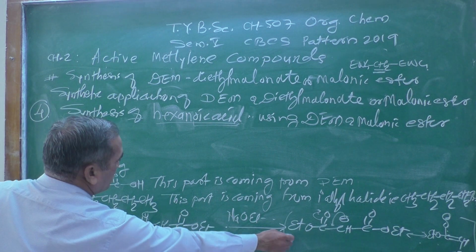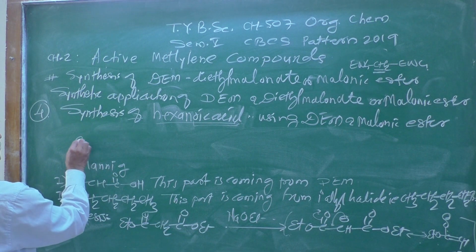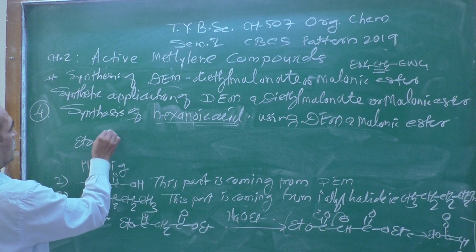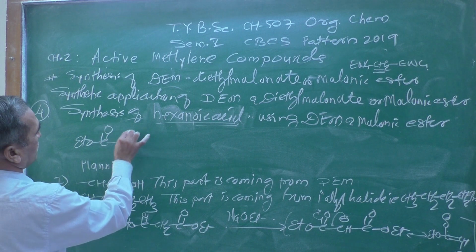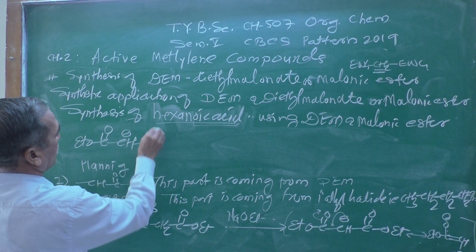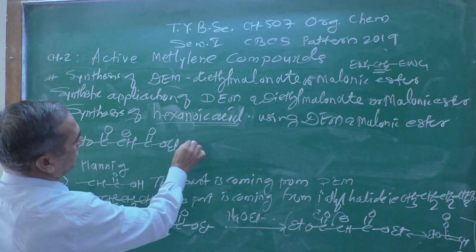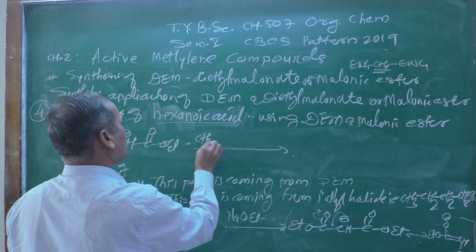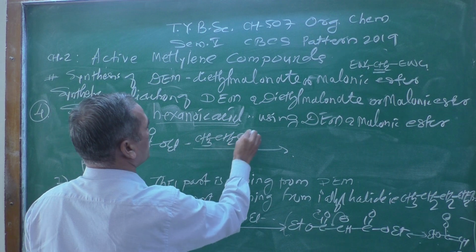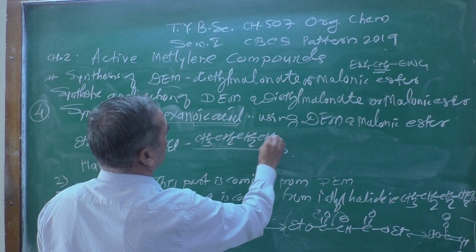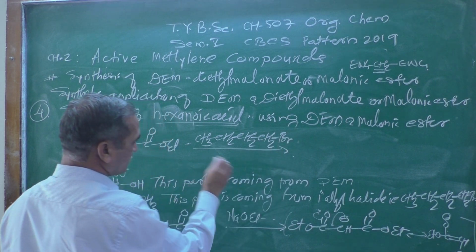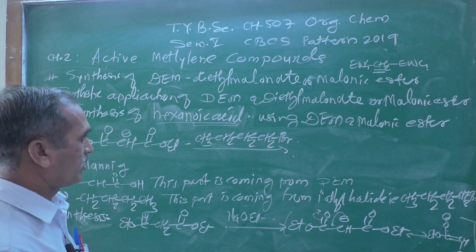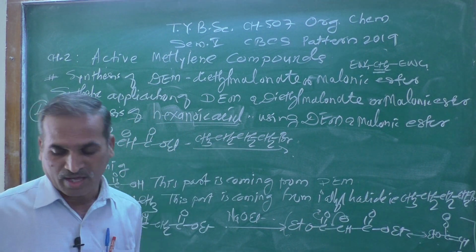I am taking this structure once again: EtO, C double bond O, CH minus, then C double bond O, OEt. It will be further treated with this one, CH3, CH2, CH2, CH2 and Br. There are 4 carbon atoms. Why am I taking 4 carbon atoms?